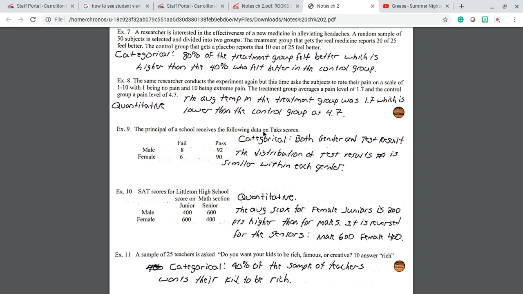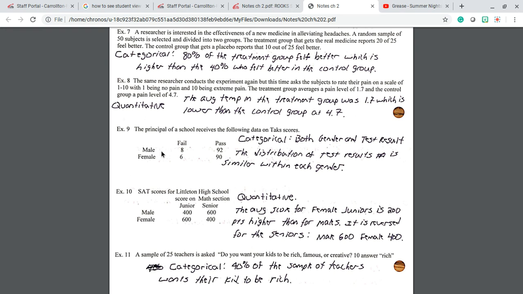Some test scores here. This is where it gets pretty tricky. Sorry, this is not the tricky one. It's the next one. This one we have some results for test scores, male and female, passing and failing. What these would be are counts of each group, whether they passed or failed.